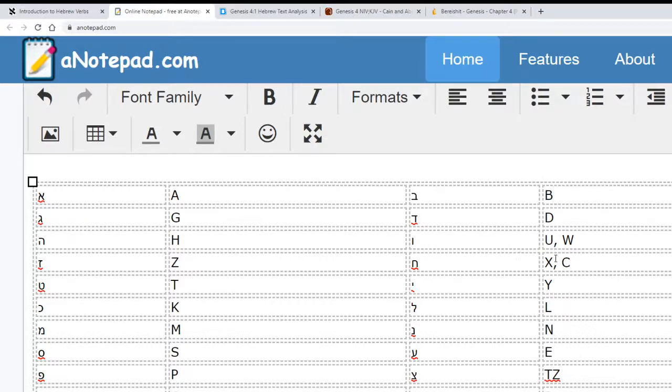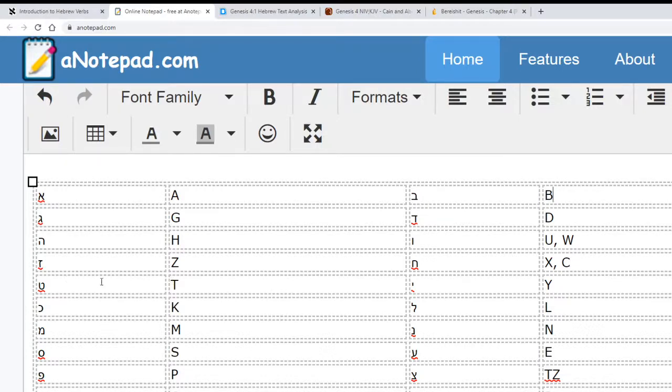For het, I like using the X because het is always het, right? Whereas chaf, I think using either a C or a K makes more sense because sometimes it's a chaf, sometimes it's a kaf. If you're transliterating whole words, of course, but here we're just talking about shorashim, just talking about roots. So it's up to you, of course.